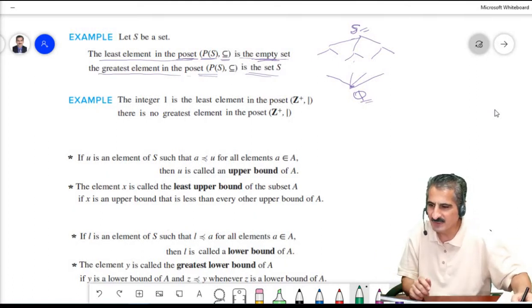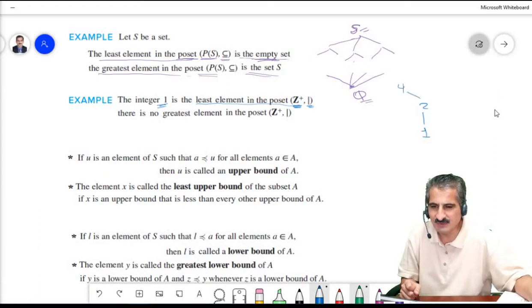Okay. Now another example here. The integer 1 is the least in the poset of positive integers with divisibility. It is normal because 1 divides 2, and now we can say 2 divides 4, 2 divides 6, and where is 3? 1 divides 3, 3 divides 6, 9, and then 8 is somewhere here, and so on.